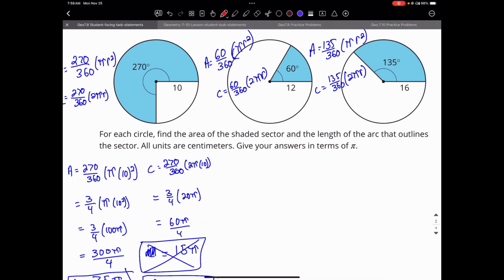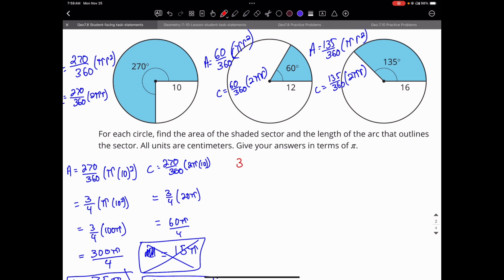The next one still simplifies. It's not too bad because 60 over 360, and that would simplify, and I'll do that in the next step, times pi times radius squared, right?